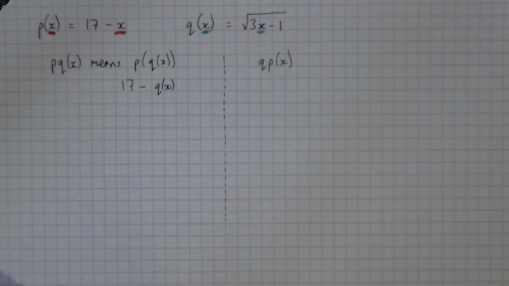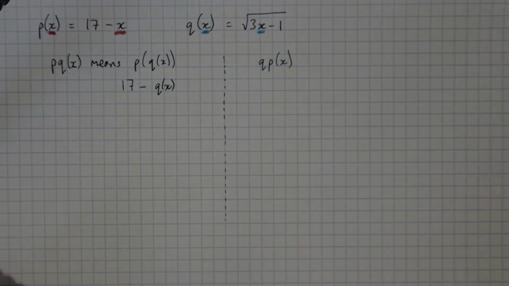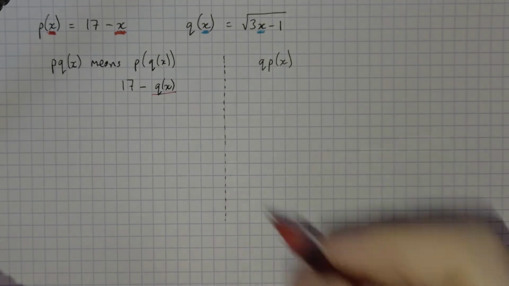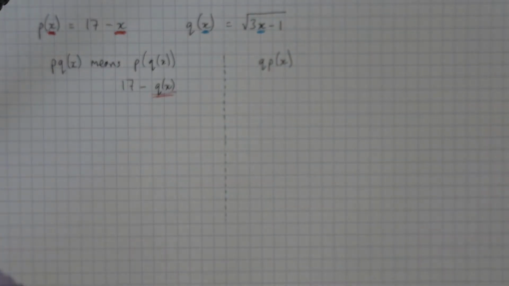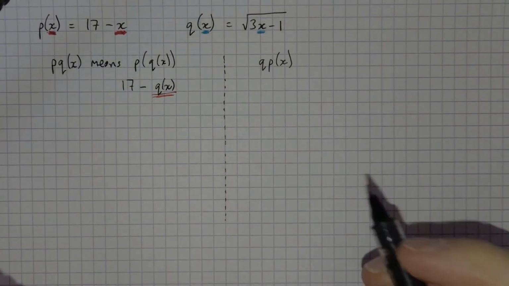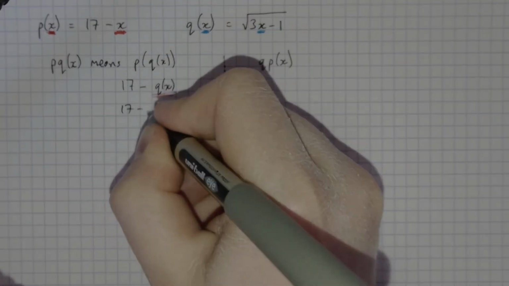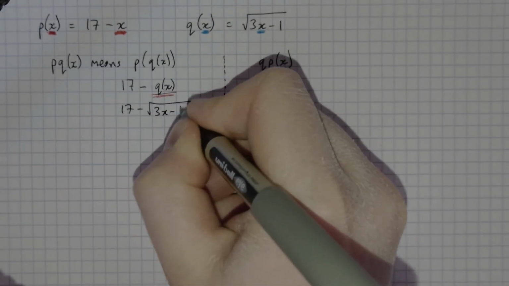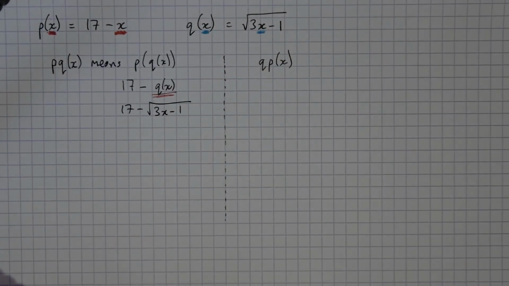Take away whatever the input is. But I know the definition of q of x is this thing up here, the square root of 3x minus 1. So it's 17 minus square root 3x minus 1. If we could simplify that, we would. I'm not sure that does simplify any more pleasantly than what we currently have. So I'll leave it like that.